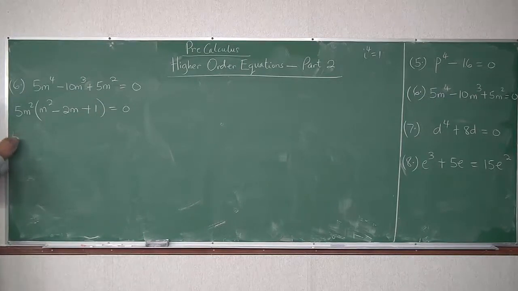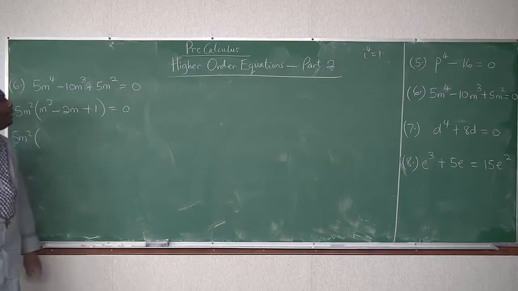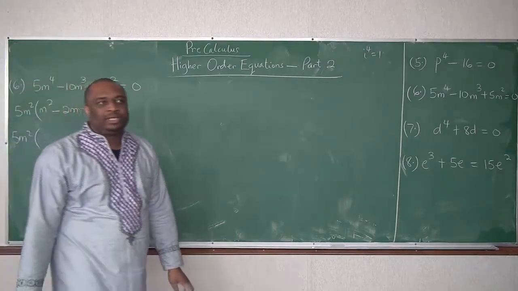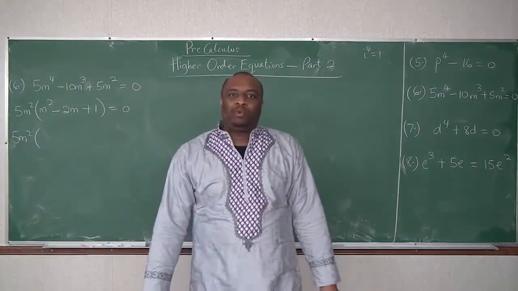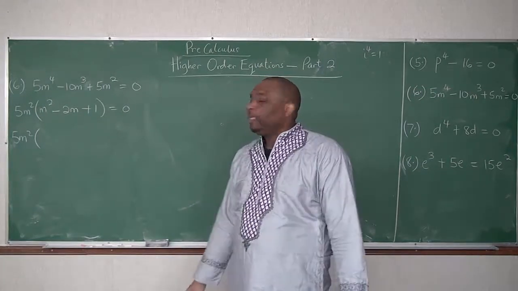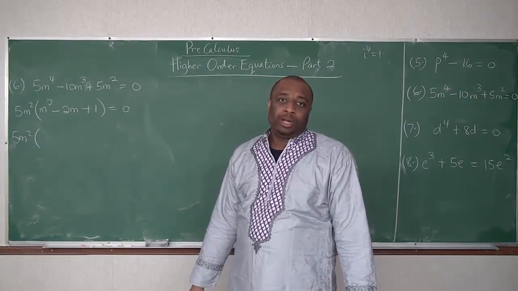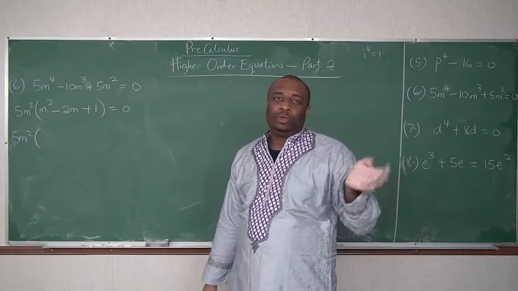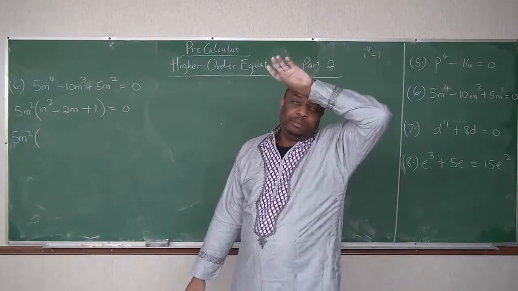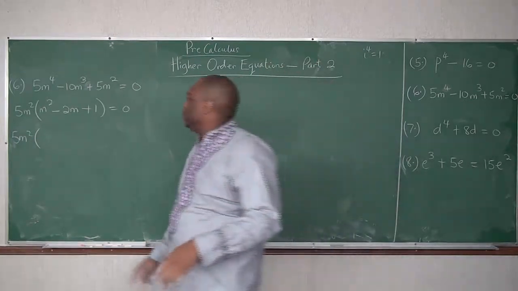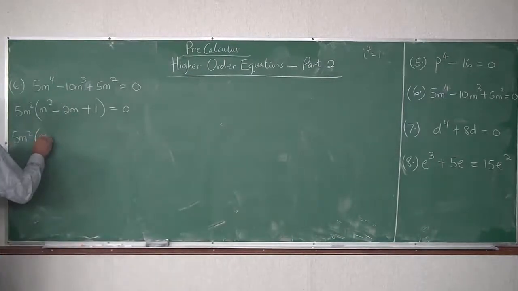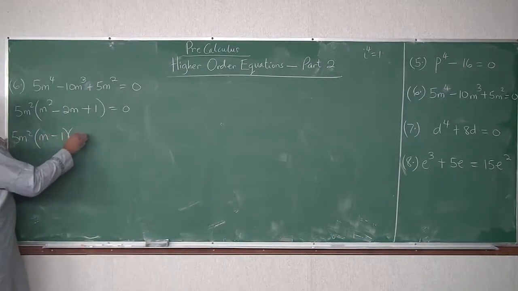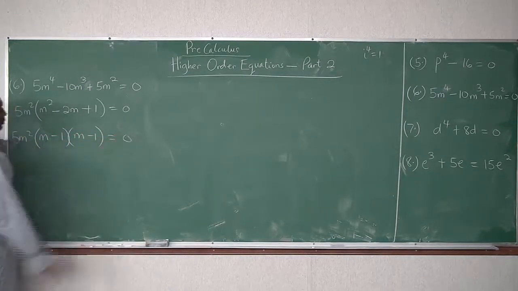Can we factor this? 1 times m squared is 1m squared. 1 and 1 will not work, that gives you 2. But negative 1 will work. So m minus 1, m minus 1 equal to 0.